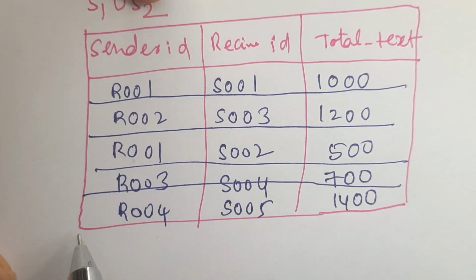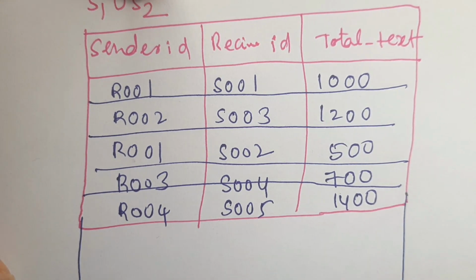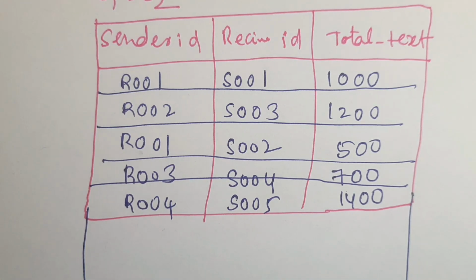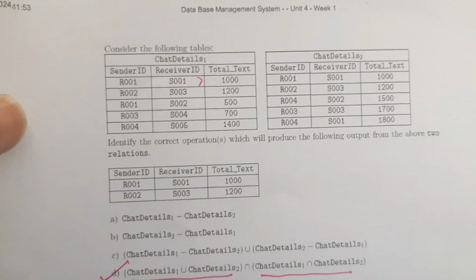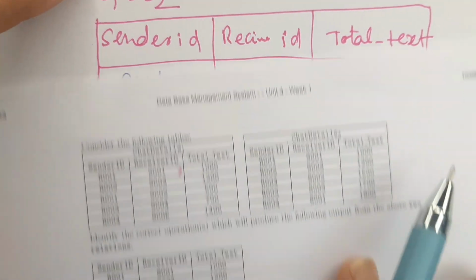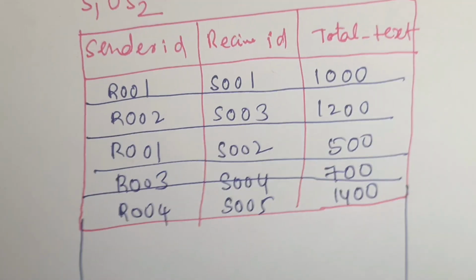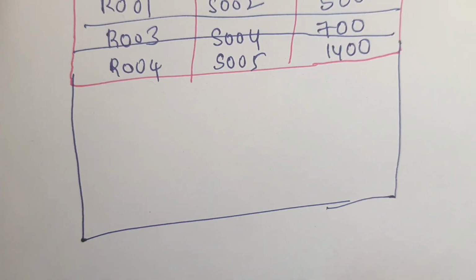Now I am going to add one more table because of this union. So this is the first table. Now I am going to merge the second table. You see in this problem, we are going to have two tables, first table and second table. I am going to merge both values here.